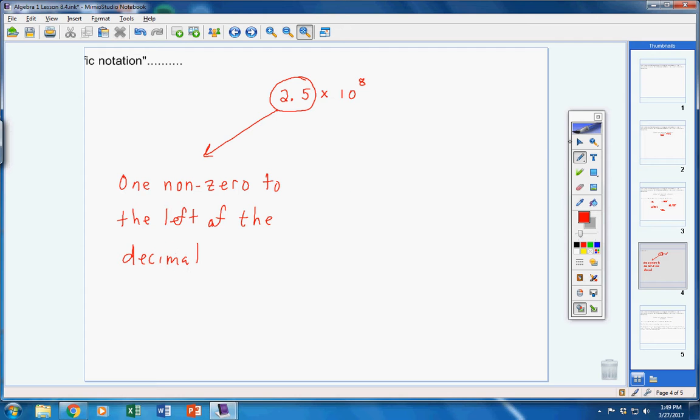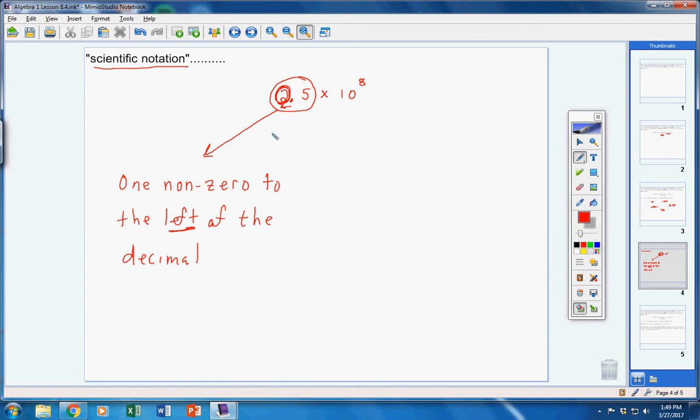So when I ask you to write a number in scientific notation, this number here must always have 1 digit to the left of the decimal. For example, here's your decimal, right? Go to the left. How many digits do I have? 1.